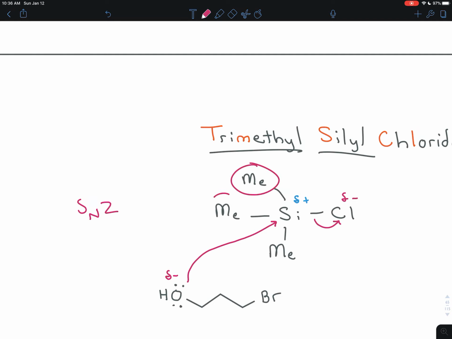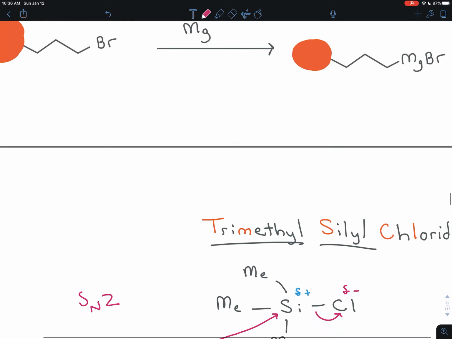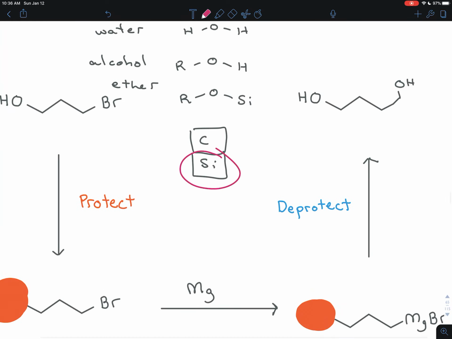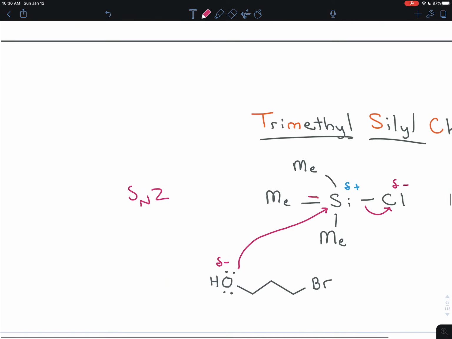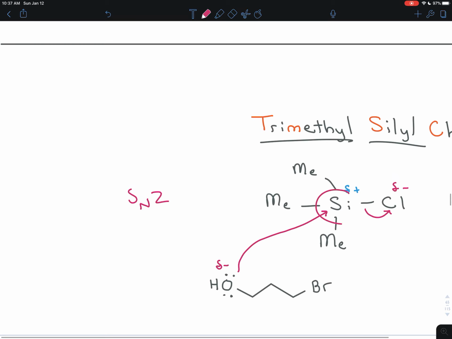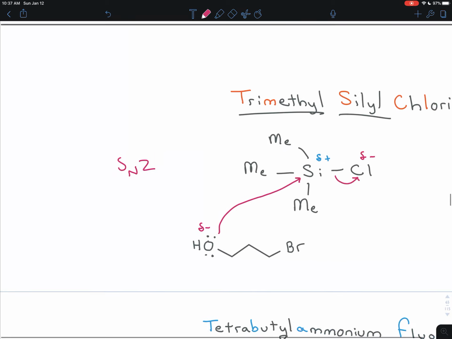And that keeps these groups further away from the atom, which means that the silicon is less crowded than a tertiary carbon would be. Notice silicon is below carbon on the periodic table. That means it's bigger than carbon. That means these bonds are longer. There's more distance between the nuclei of the carbon in this methyl group and the silicon. So the bonds are longer, so this is not as crowded, so you can do an SN2 reaction here.